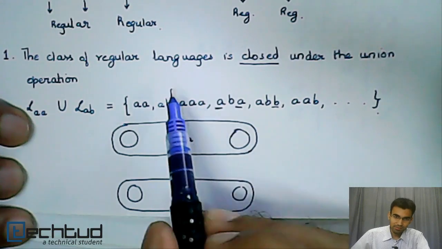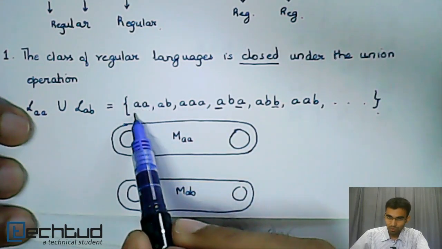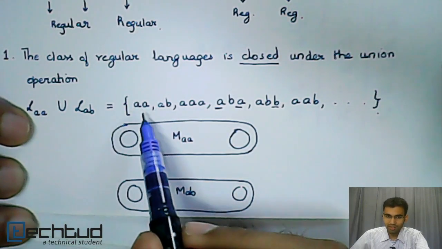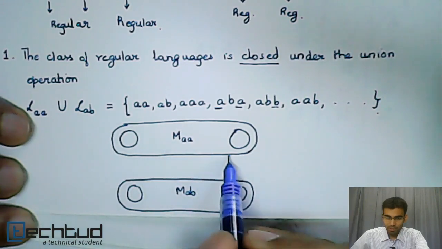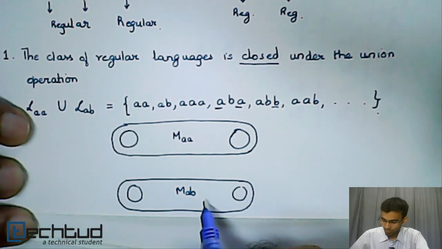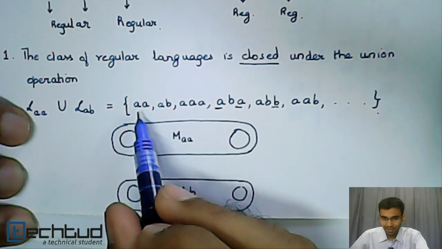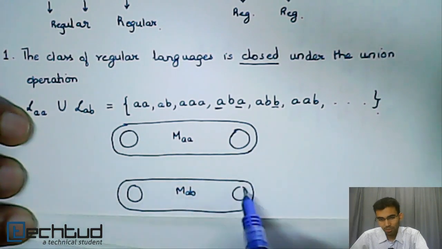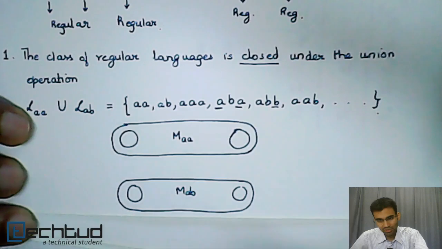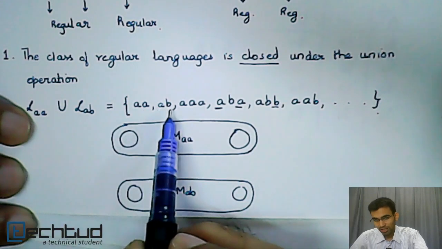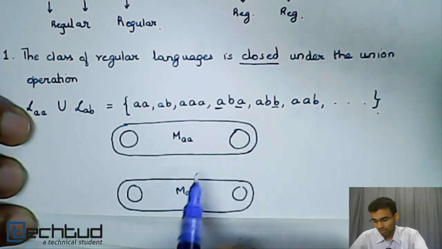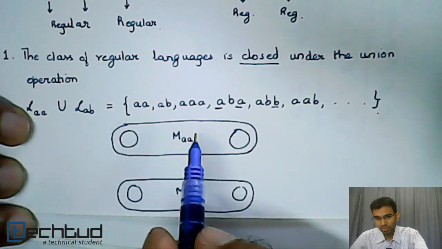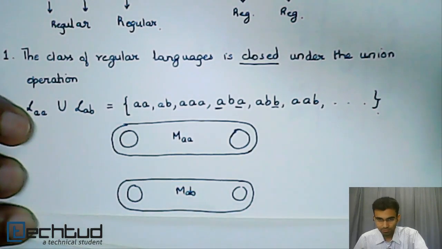Now, a word from the union will be accepted by either MAA or MAB. If we ran AA on MAA, MAA would accept it, but MAB would reject it. But one of them is accepting it. Similarly, if we ran AB, MAA would reject it, but MAB would accept it because AB belongs to the language of MAB.